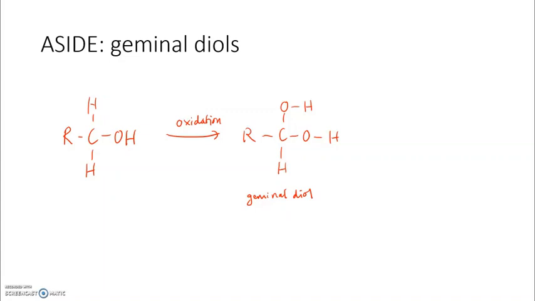Geminal diols are in fact not stable because there's kind of like a tug of war of these oxygens and the electrons within the bonding system here. And eventually, if there is a slight perturbation of the system, if there's a bit of a disruption, so let's say that this molecule collides with another molecule, electrons end up moving in one direction or the other, towards one oxygen and away from the other.